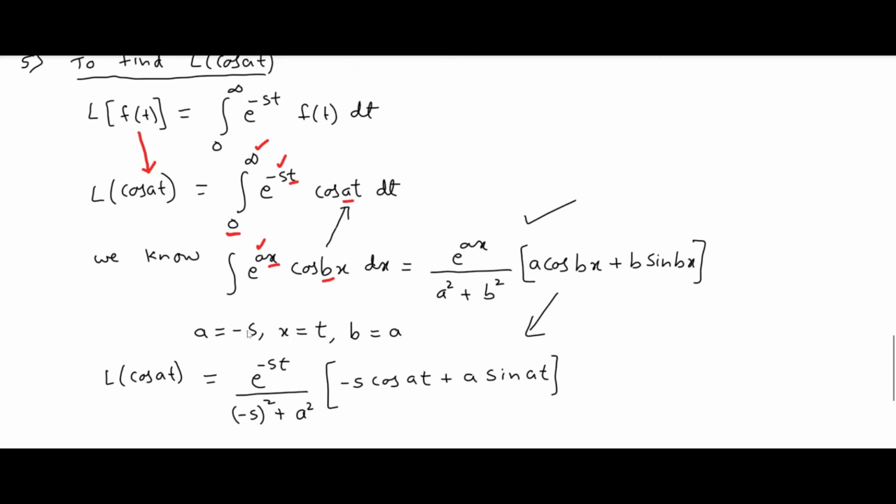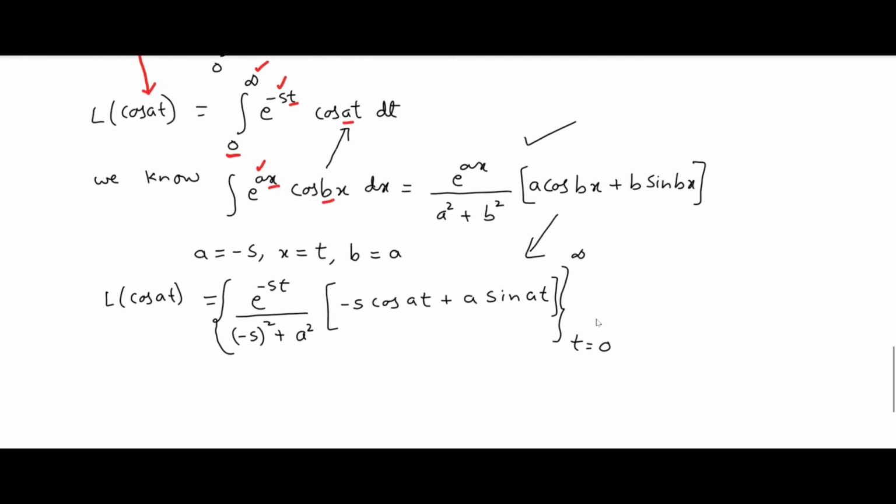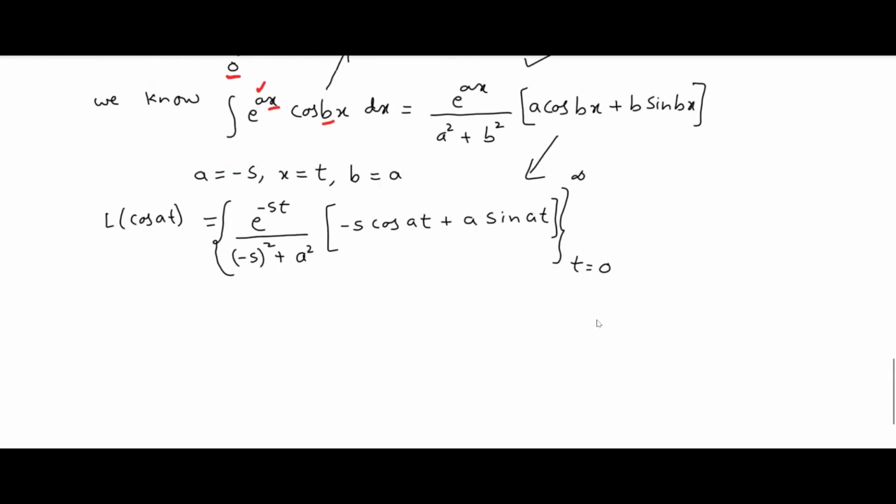So we'll try to replace those limit values, which will be t is equal to 0 to infinity. So when you apply the upper limit value for t, which is infinity, we'll be getting infinity into s will be infinity itself.